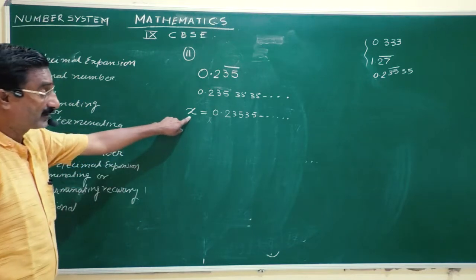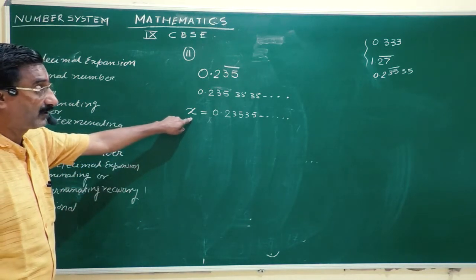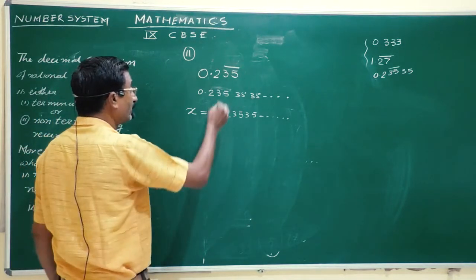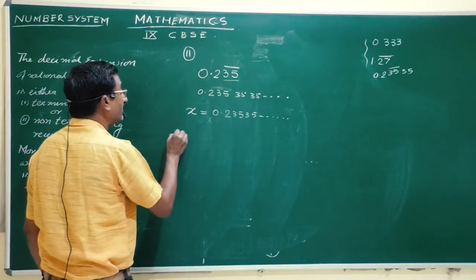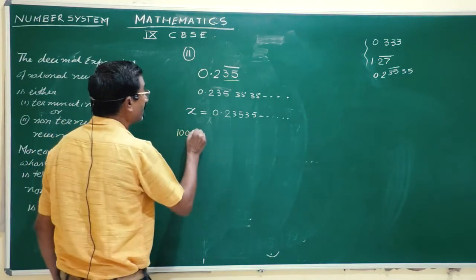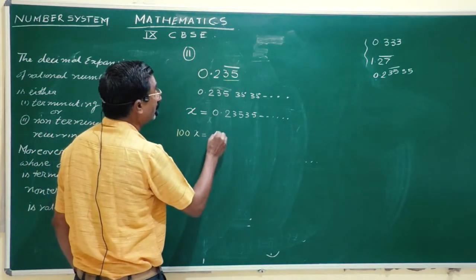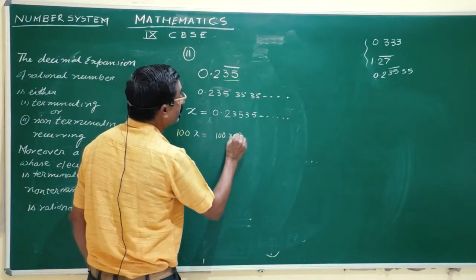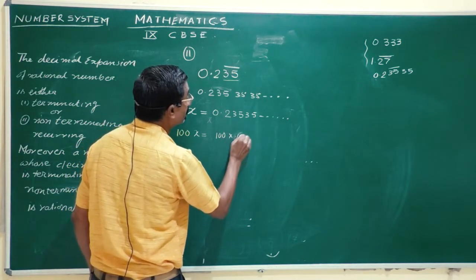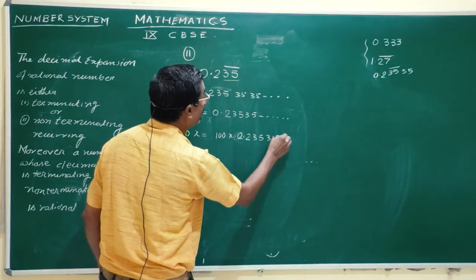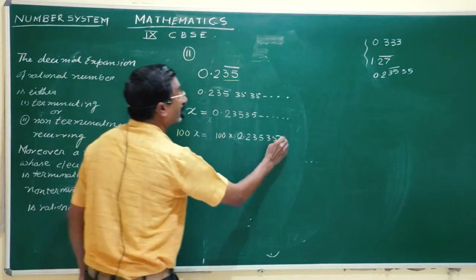Now here the next step is we will multiply it by 10 or 100 or 1000. So there are repetitive in nature, there are 2 digits. So we will multiply it by 100. Clear? So 100 multiplied by x is equal to 100 multiplied by 0.23535 and so on.